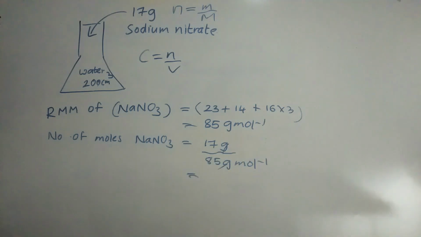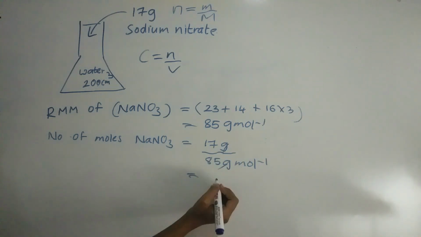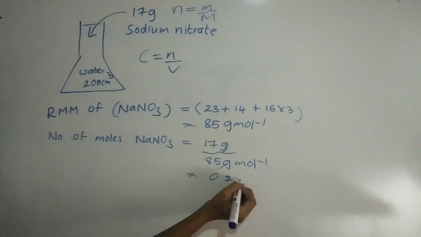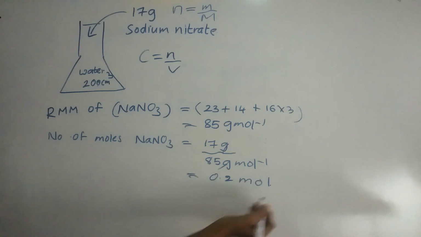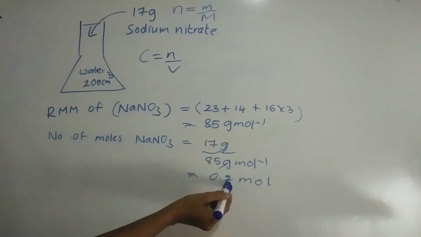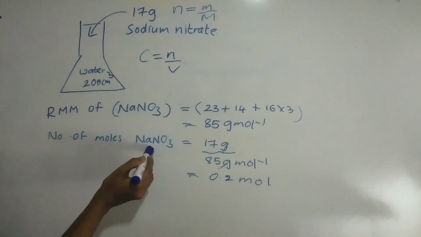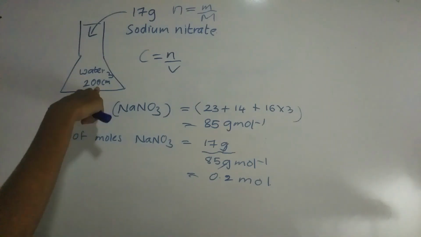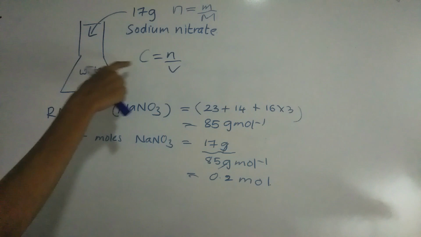Grams cancel off. I get the answer as 0.2 moles. Now there is 0.2 moles of sodium nitrate in 200 cubic centimeters of water.